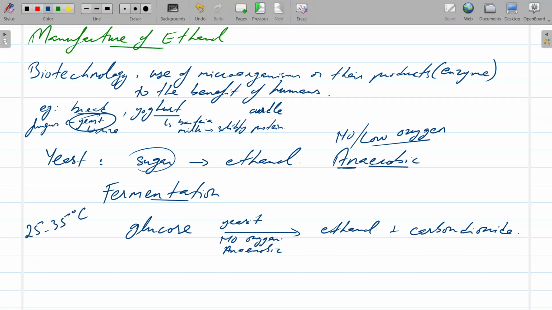So the molecular formula equation, right? Glucose is C6H12O6, and you need to remember that. And you're getting ethanol, which is C2H5OH, plus CO2, right? And you're getting more ethanol, right?